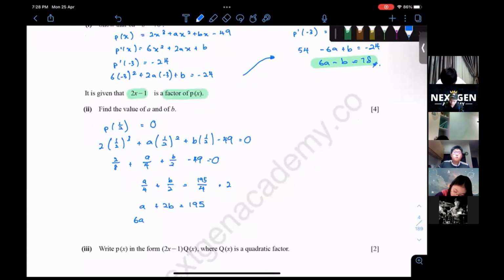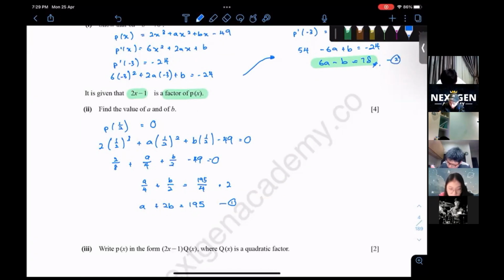Next one. 6a minus b equals to 78. Okay, then do simultaneous equation. Let's call this equation 1, equation 2. I want to do elimination.